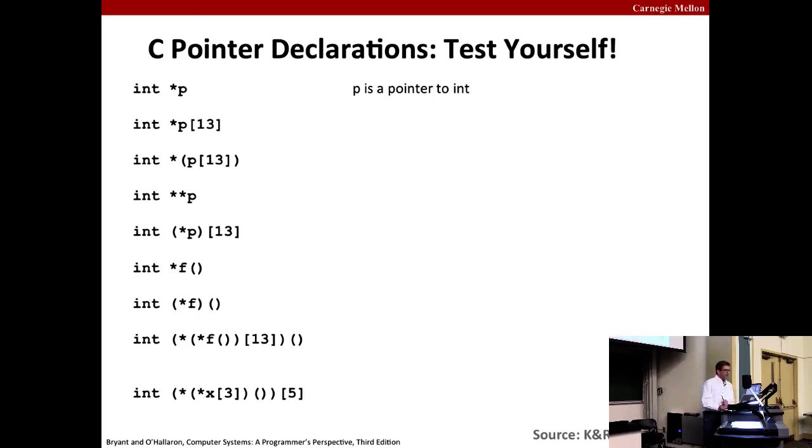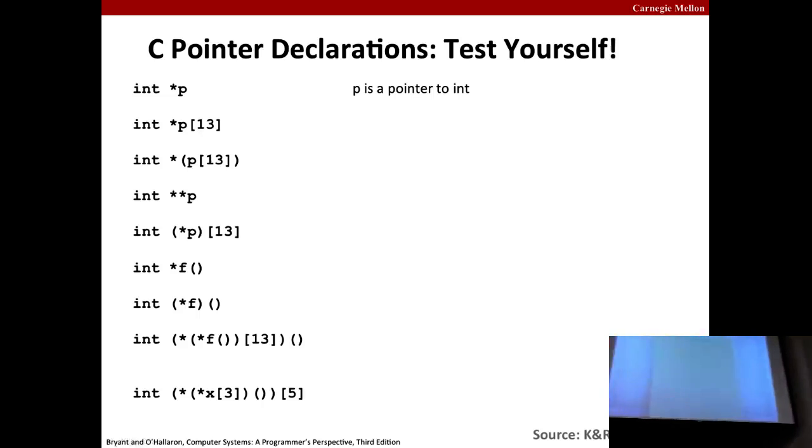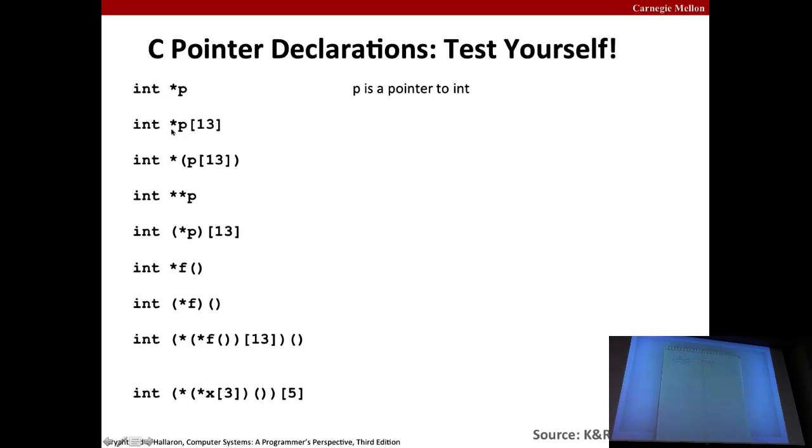Okay, what about the next one? You've probably seen something like this. Some programs declare argv using this notation, and you can have an optional size or not. So we start out, we say p is a, well now in this case there are operators to the left and the right. Remember the array operator has higher precedence than the dereferencing operator, the pointer operator. So p is an array of size 13 of, so there's nothing more, so we go to the left, pointers.